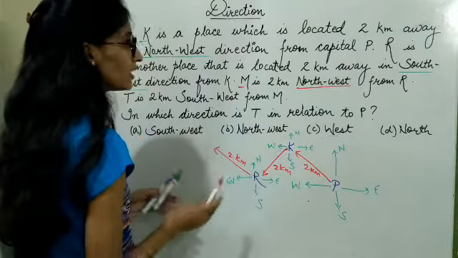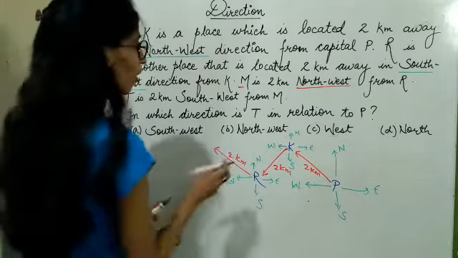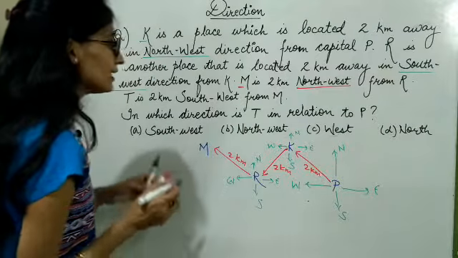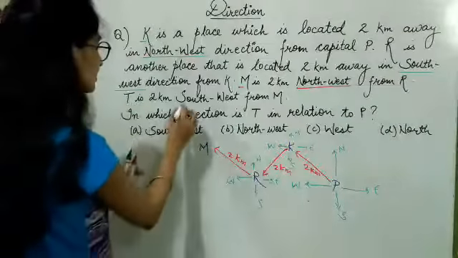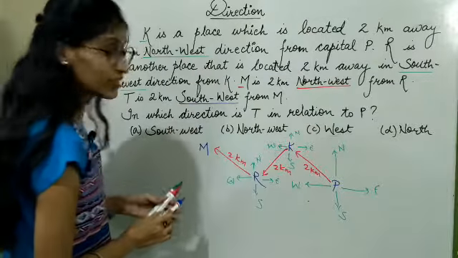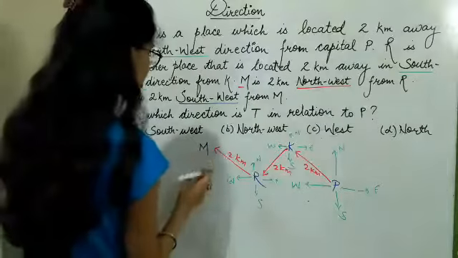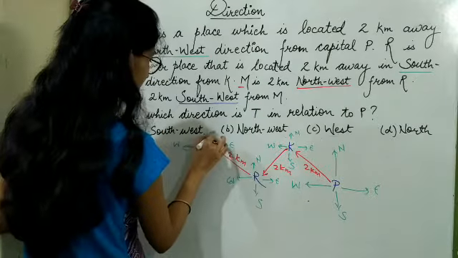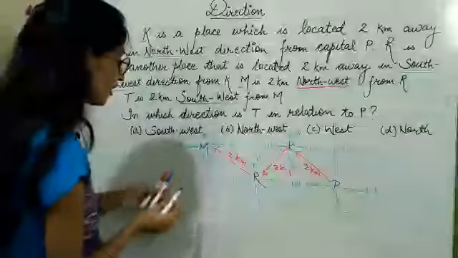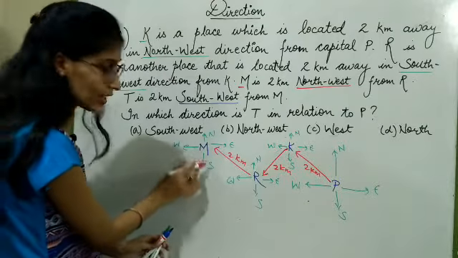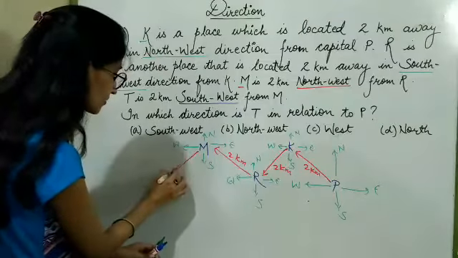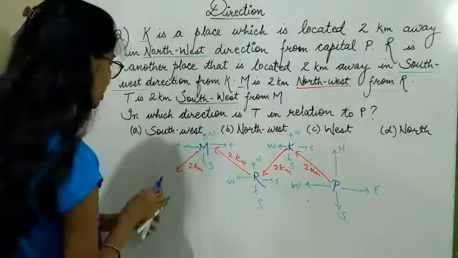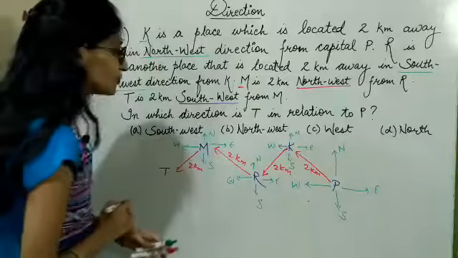Again 2 km and this will give me the position of point M. Okay, next is T is southwest from M. So again I have to mark the directions of M. East, west, north, south. Southwest. Between south and west I will get my southwest. Again 2 km and I have got my position of point T.